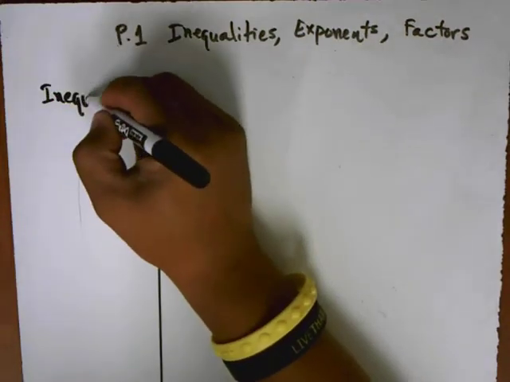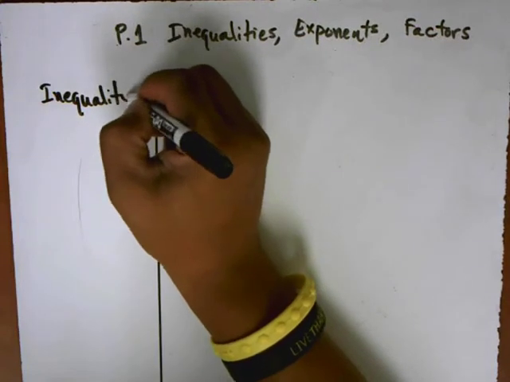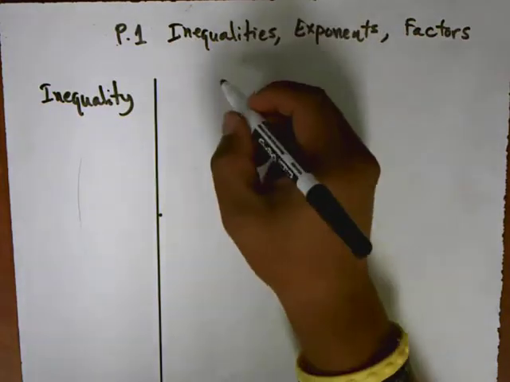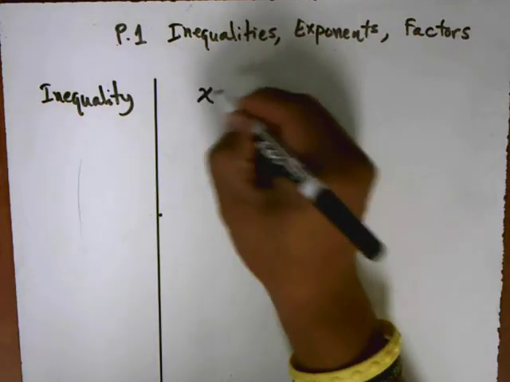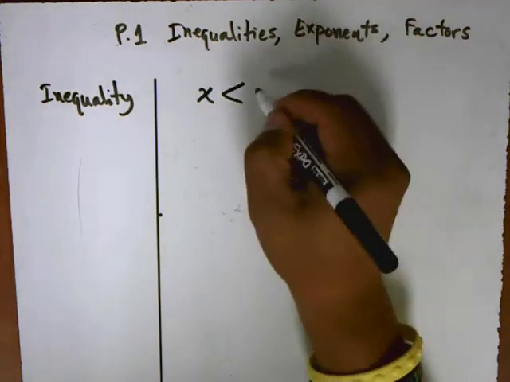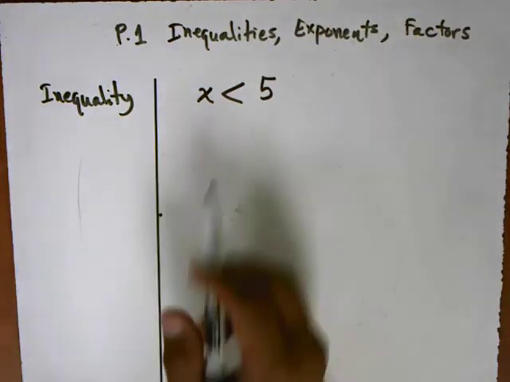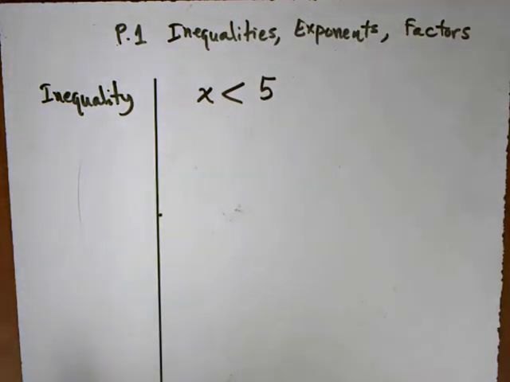We all know that an inequality is an expression that represents that one thing is greater than something else, or greater than or equal to. Let's look at an example: x is less than 5. That means x is all of the numbers less than 5.